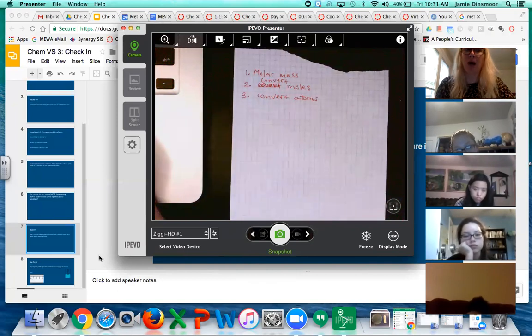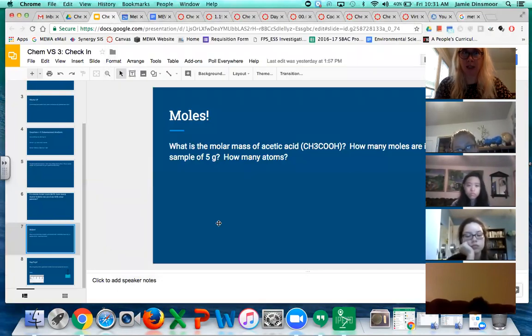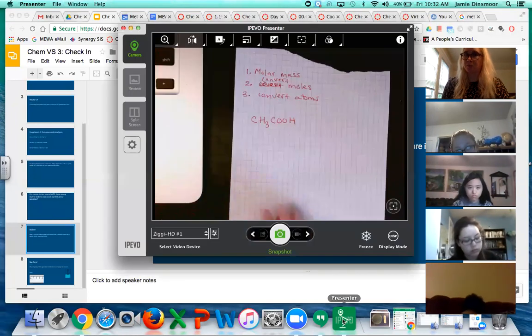So I picked a new compound here so that we could practice together. We're going to find, first of all, the molar mass of acetic acid, which is vinegar. CH3COOH is actually how that is written out.